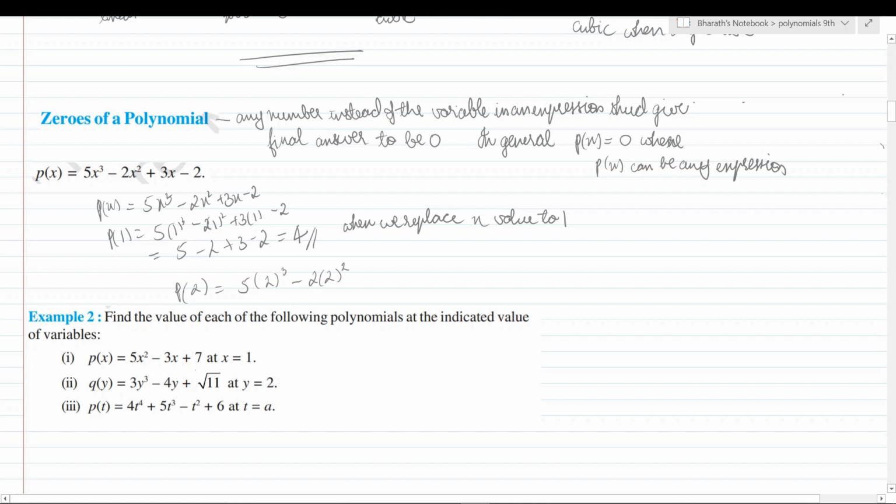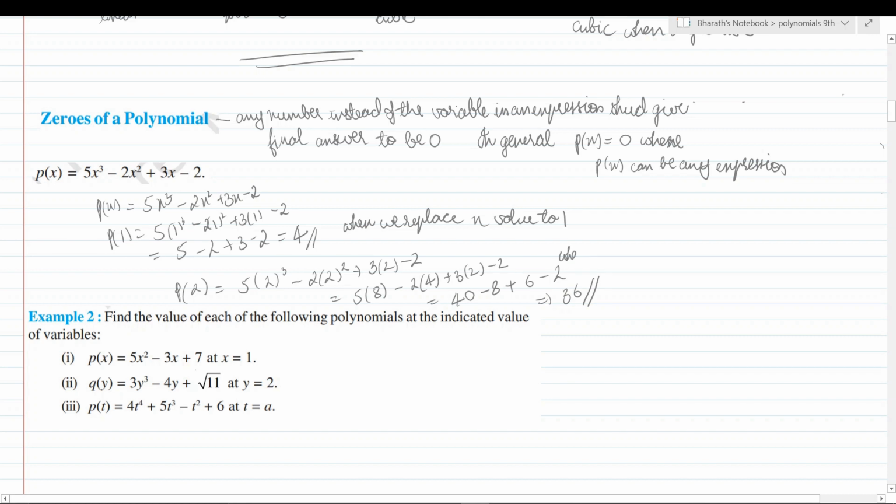Now p of 2 is 5 into 2 to the power 3 minus 2 into 2 to the power 2 plus 3 into 2 minus 2. We all know 2 cubed is 8, so 5 into 8 minus 2 into 4 plus 3 into 2 minus 2, which is 40 minus 8 plus 6 minus 2, which is 36.